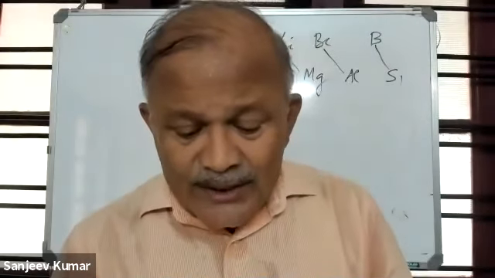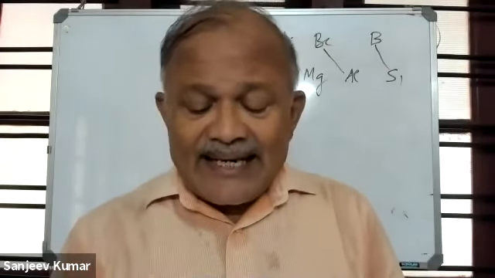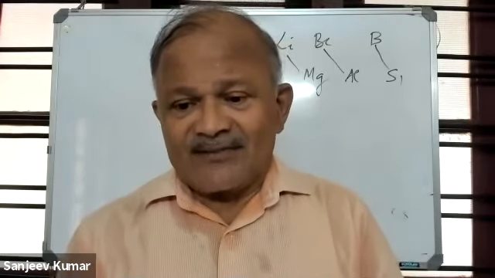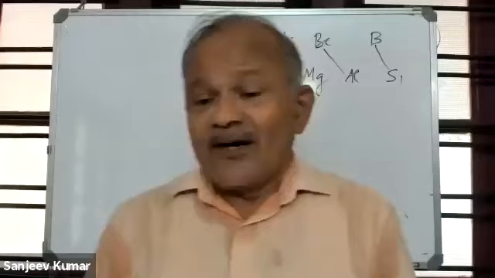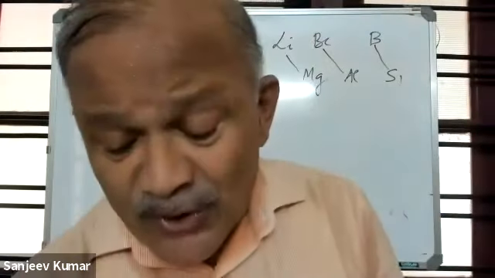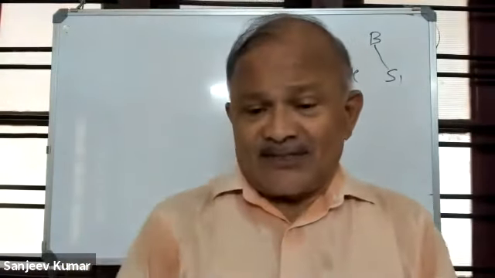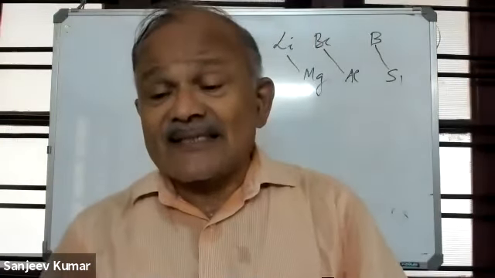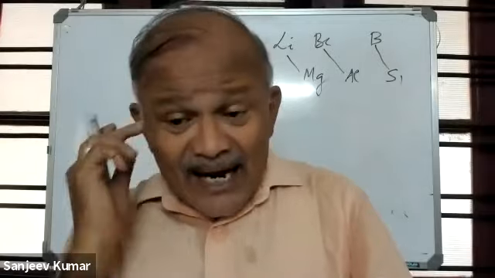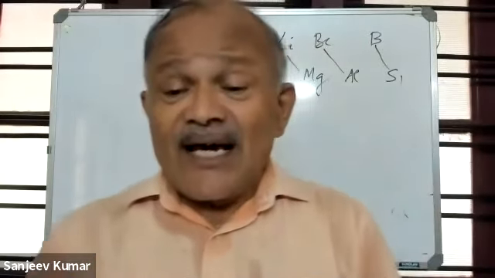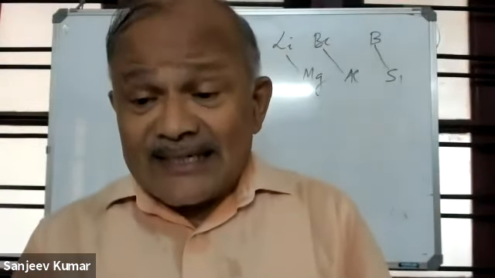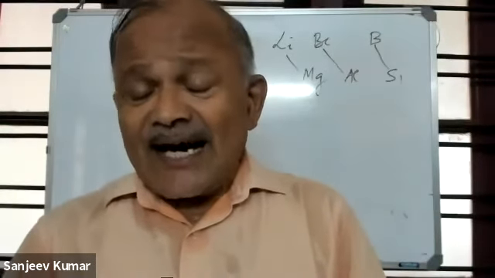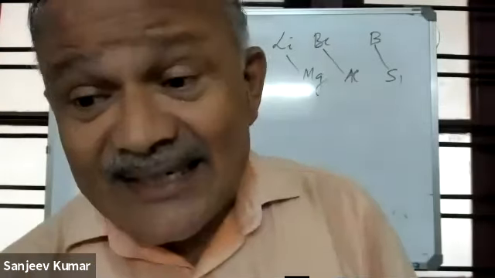The correct order of decreasing ionic radii among the following isoelectronic species. I have already explained the size of isoelectronic species. As the atomic number increases, size decreases. Among isoelectronic species, as atomic number increases, the effective nuclear charge increases, and thereby the size decreases.